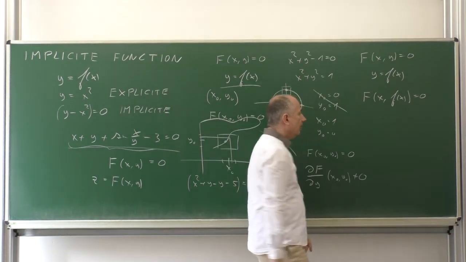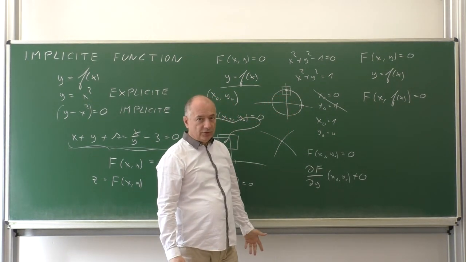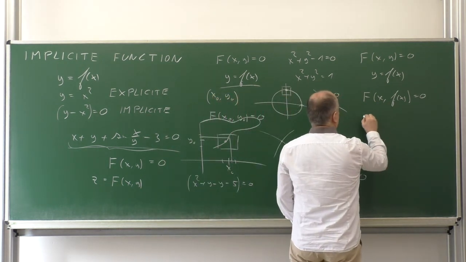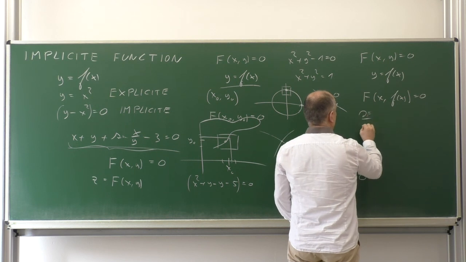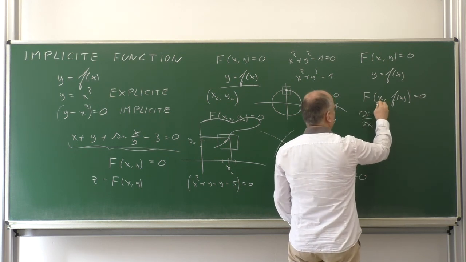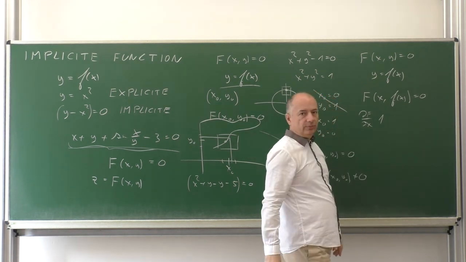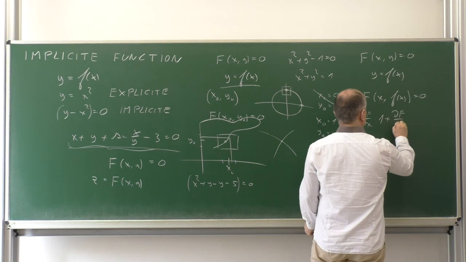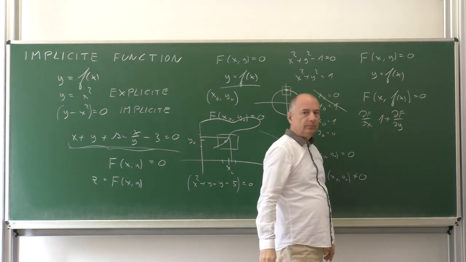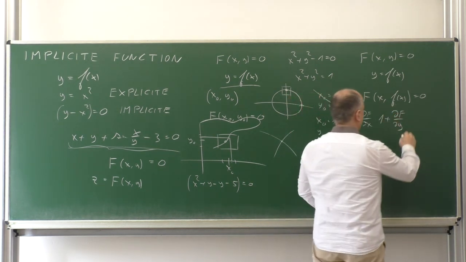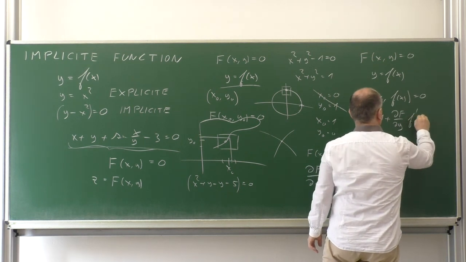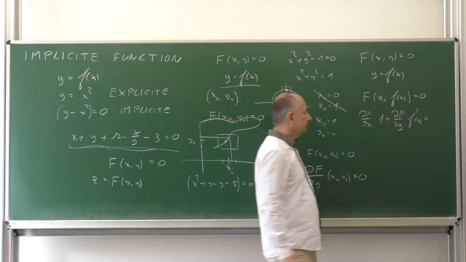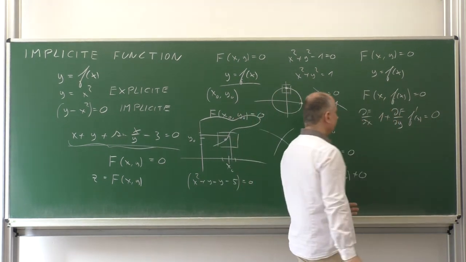Well, this is a composite function, and we know how to differentiate a composite function. Derivative of F with respect to the first argument times derivative of x with respect to x, which is 1, plus the derivative of F with respect to the second argument times the derivative of the inner function, which is f prime, small f. And this is equal to 0.